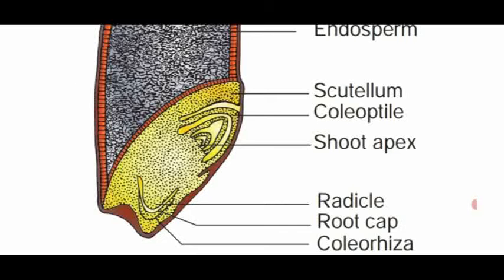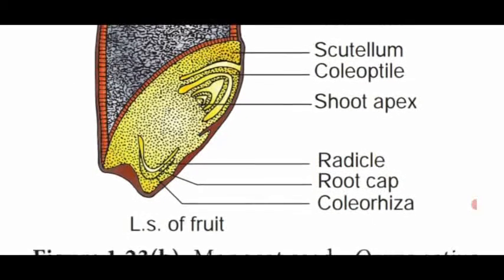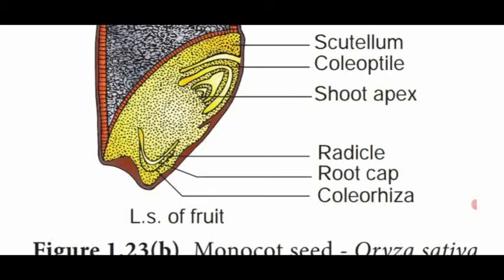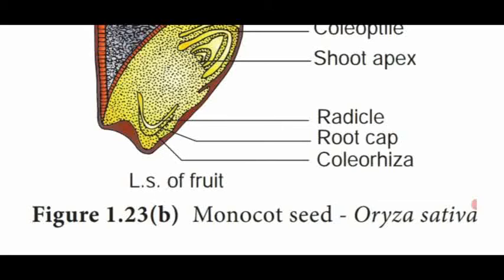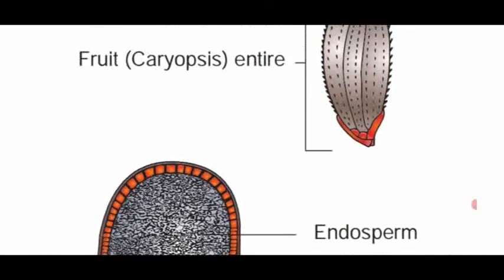Laterally, it forms the shoot apex. At the base, they are having the radicle region, which is surrounded by a coleorhiza, and the tip of the root is protected by a root cap. This is the structure of monocot seed, that is Oryza sativa.